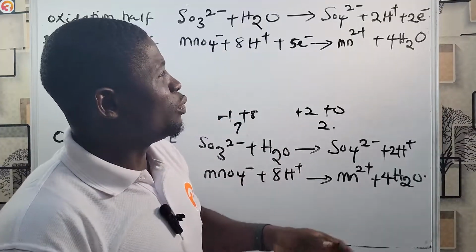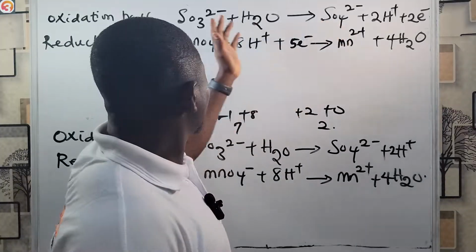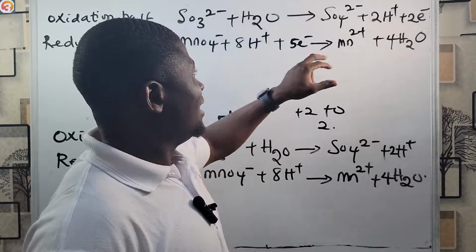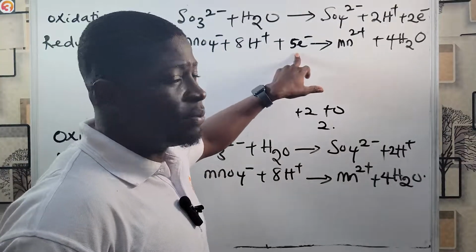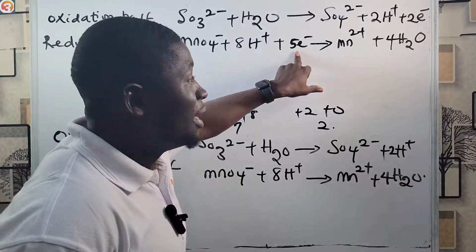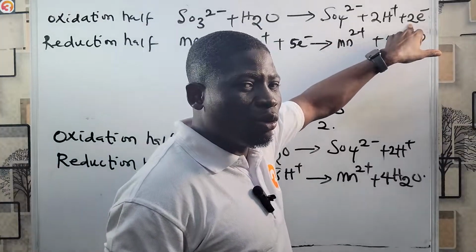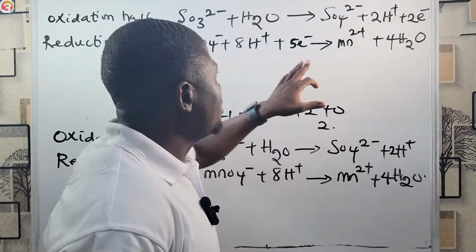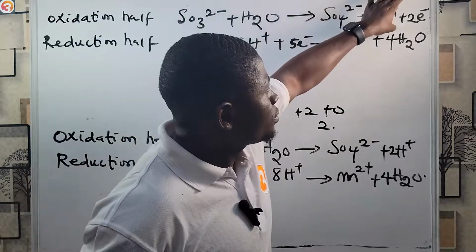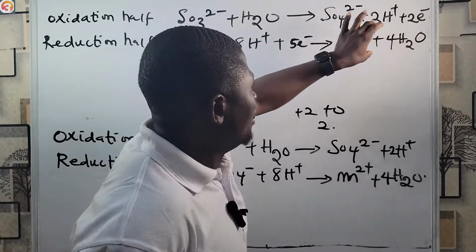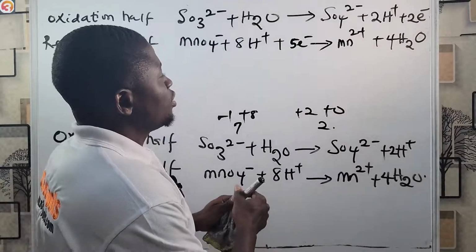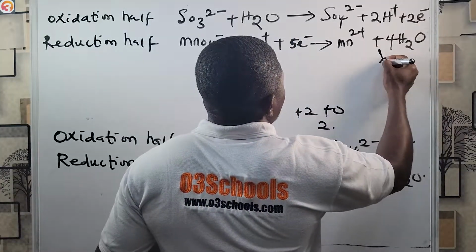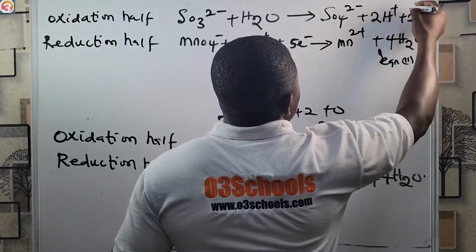Multiply the oxidation half by the coefficient of the electron on the reduction half, and then multiply the reduction half by the coefficient of the electron on the oxidation half. So we are multiplying this by 5 and this one by 2.